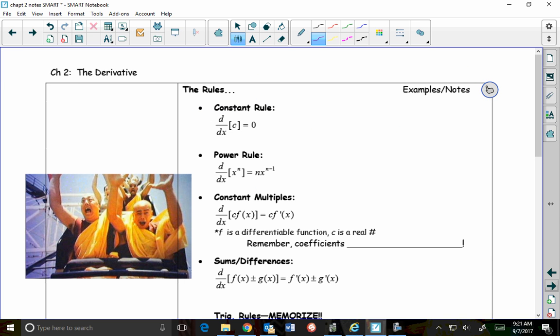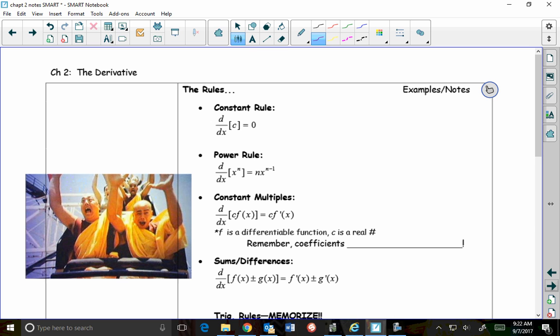Okay, so we're going to start with the basic rules, i.e. the tricks. So first is a constant. Give me a constant. 4. Give me another one. Avogadro's number, 6.023 times 10 to the 23rd. Alright, good. Pi.